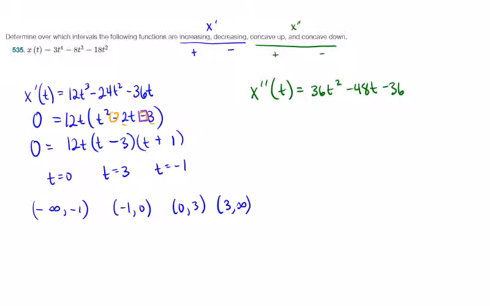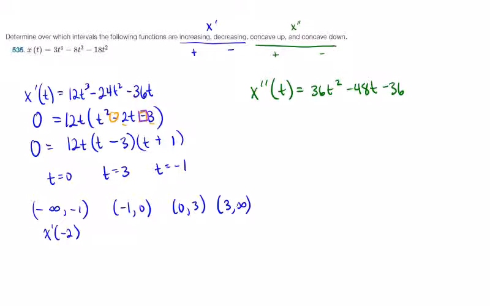All right, so for this one, let's plug in a value like negative 2. So I'm going to find x prime at negative 2, and what you can do is plug this in your calculator. You can just do trace, negative 2, enter, or you can do second trace 1, and then plug in negative 2 and push enter.